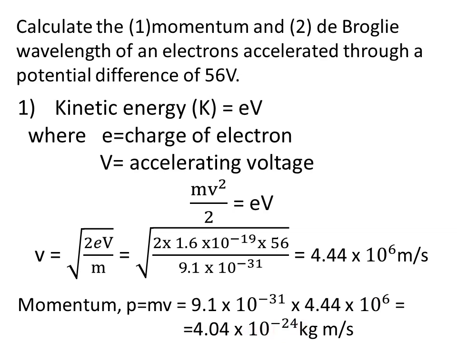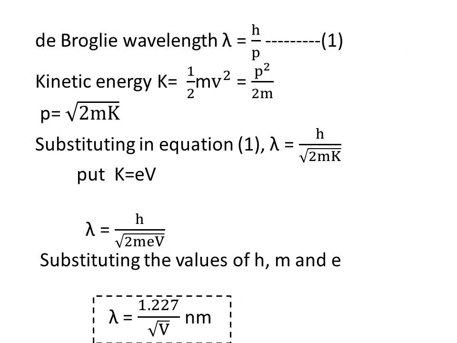Now for the second part of the problem, de Broglie wavelength lambda equals h by p, where p is momentum. We know that kinetic energy K is equal to half mv² or p² by 2m.